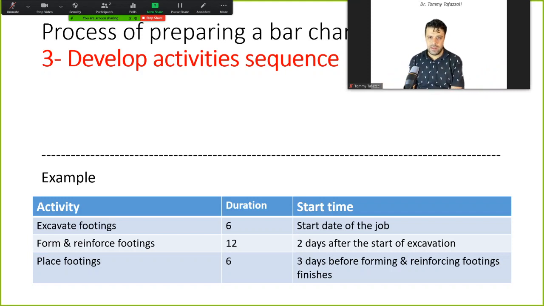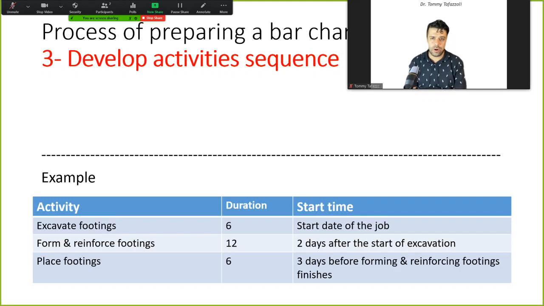So based on a similar logic, you will start placing footings 3 days before forming and reinforcing footings finishes. That could be different based on different logics or for different reasons, but most of the time this is given to you, or if you are the scheduler, you should sometimes investigate it. You should talk with the superintendents, or you should talk with some crews and figure it out.